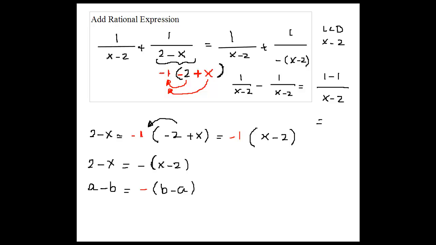So it just turns out that the top of the fraction would be 0 over x minus 2. What is 0 over x minus 2 equal to, Samantha? Zero or 1? So which one, 0 or 1? I'm going to say 1.